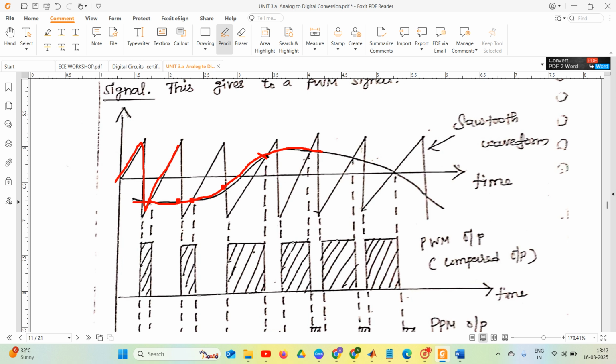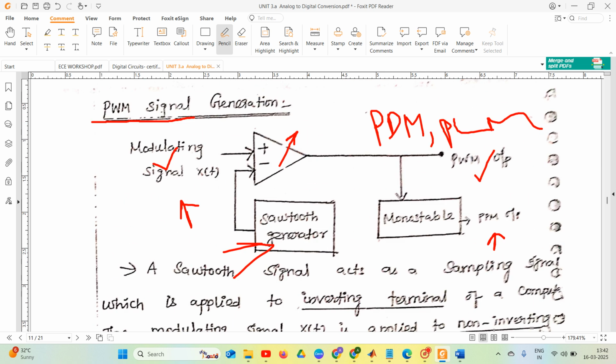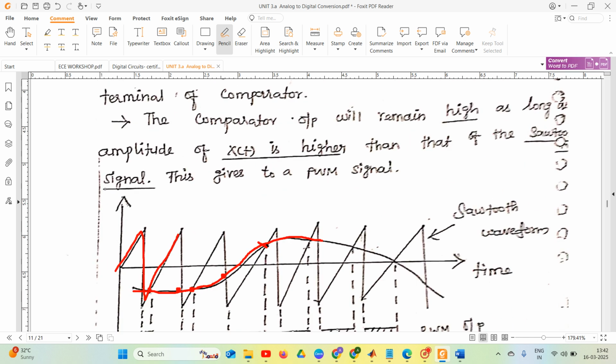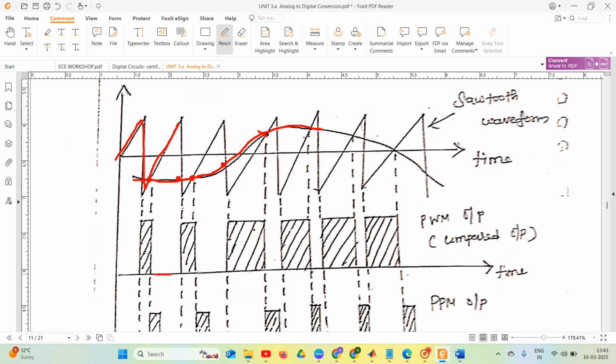So the sawtooth amplitude is less than the modulating signal, which means the modulating signal amplitude is greater than the sawtooth signal. Then only my comparator output is high. If the sawtooth signal is greater than the modulating signal, then my comparator output is low.